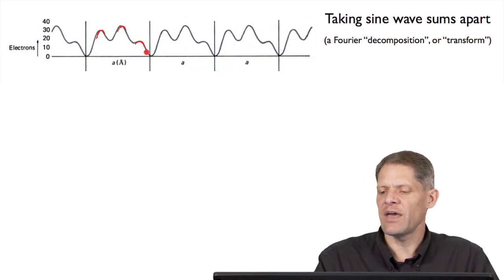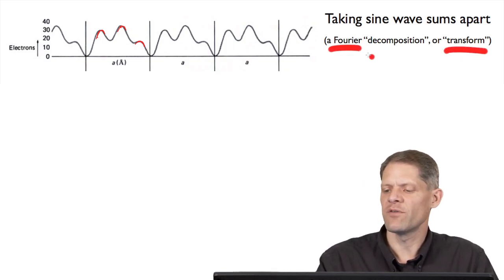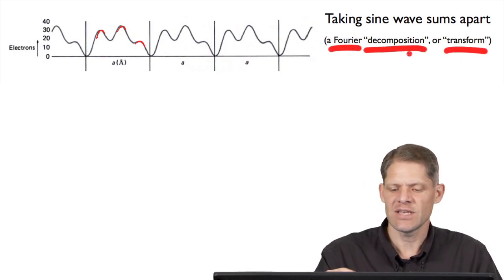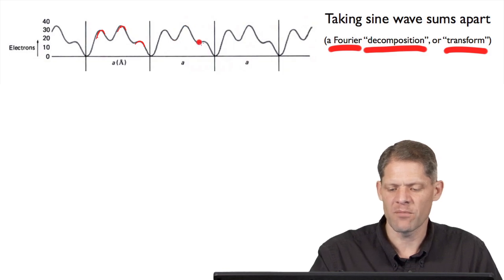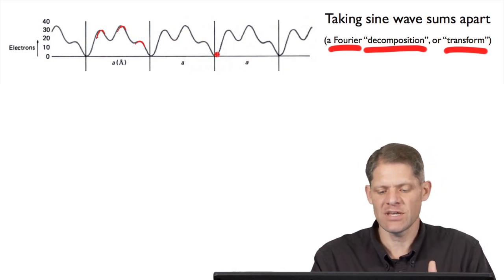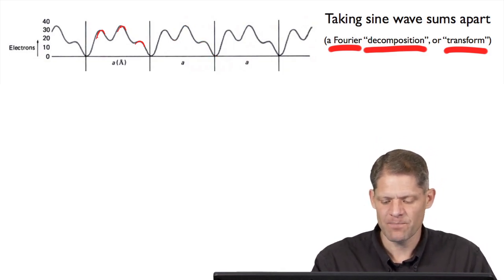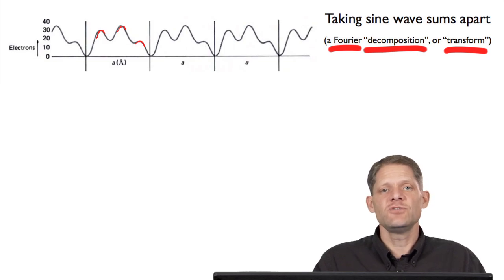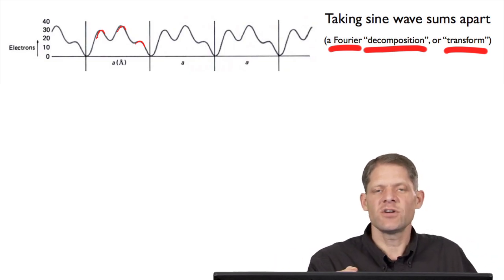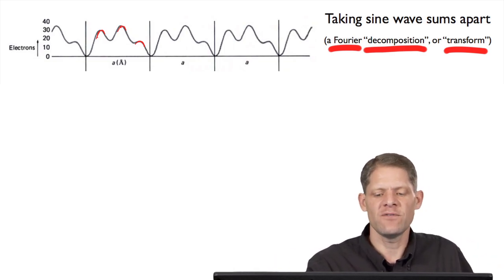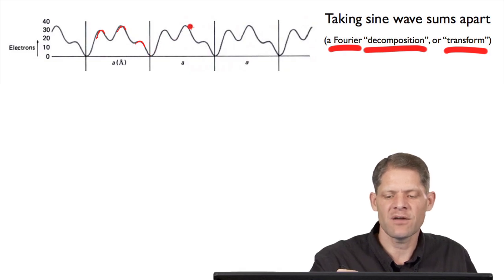So what we mean by a Fourier transform or a Fourier decomposition is that we take a complex waveform and we decompose it into its separate sine waves. And we don't have to choose just any sine waves. It turns out that we know which sine waves are always included in a periodic function.